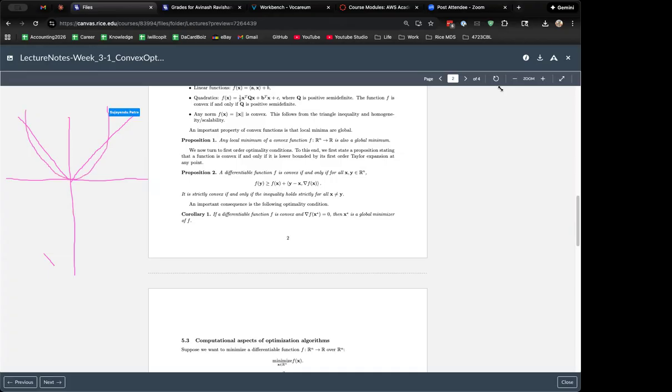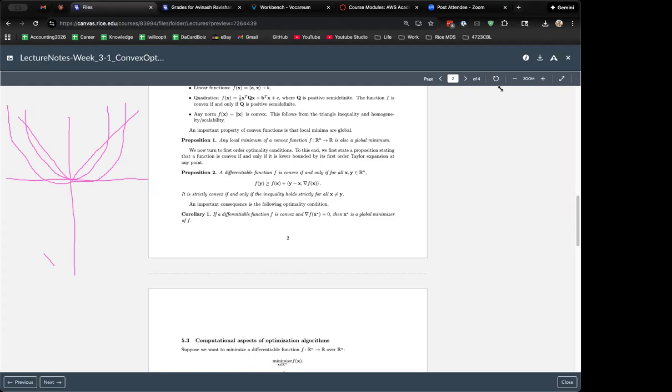You can take x to the power 4 also, which looks like this. Then x to the power 6, x to the power 8, and so on. All of them are kind of like a bowl. Now, what can we change? First of all, we can make this asymmetric. You can choose x squared on the left hand side and x to the power 4 on the right hand side. That is possible.